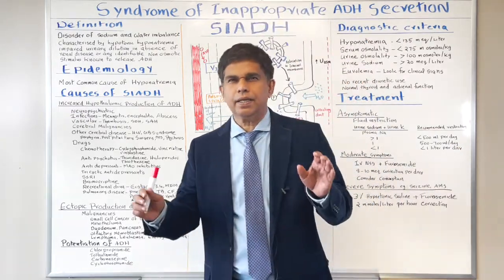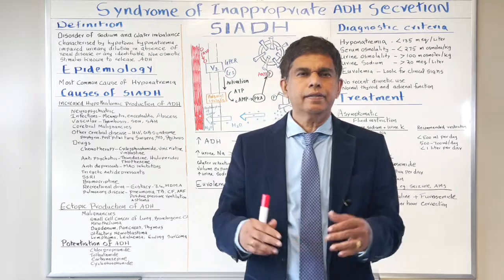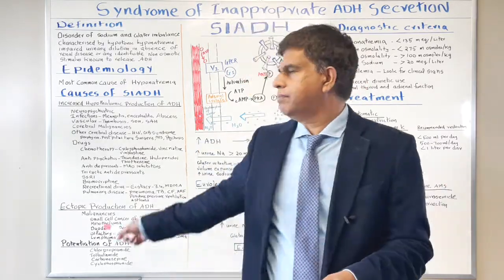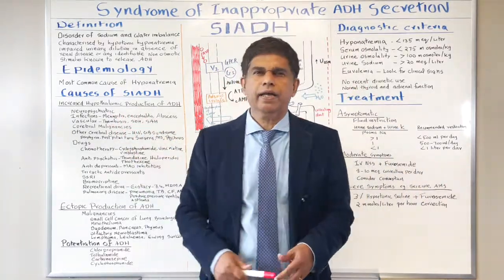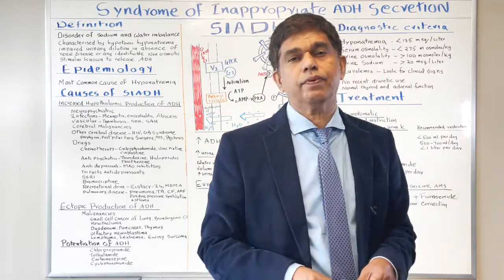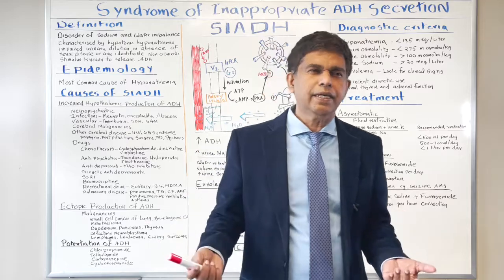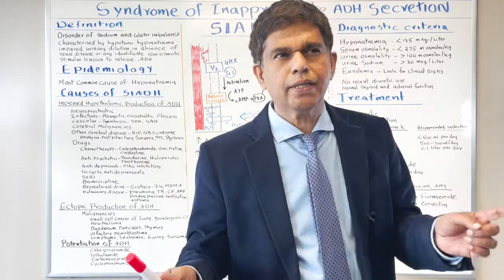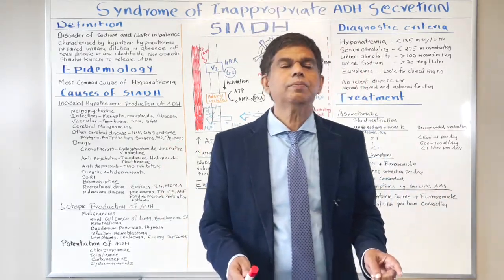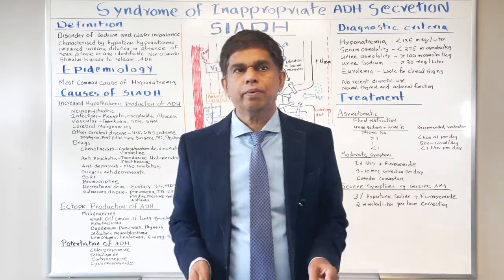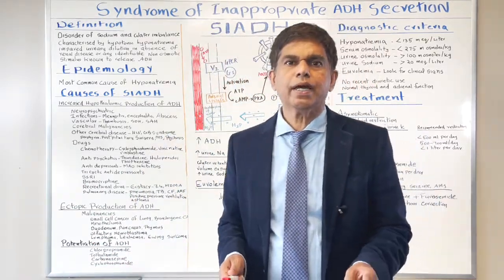Okay, first one, neuropsychiatric causes, and then you have to think about infection, right? You have meningitis, encephalitis, brain abscess. And when you look at the vascular causes, you have to look at subdural hemorrhage, right? We already said that most of the people in the hospital who come with subarachnoid hemorrhage or subdural hemorrhage have SIADH.